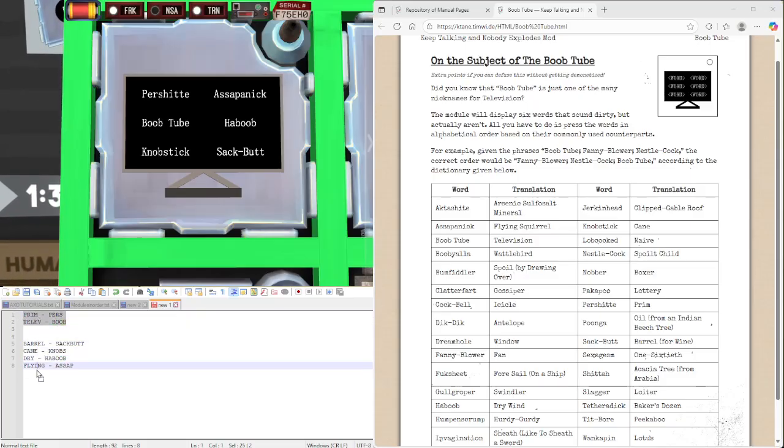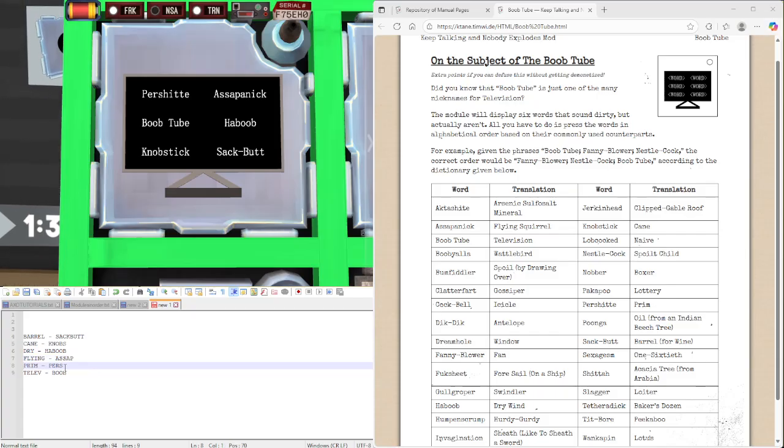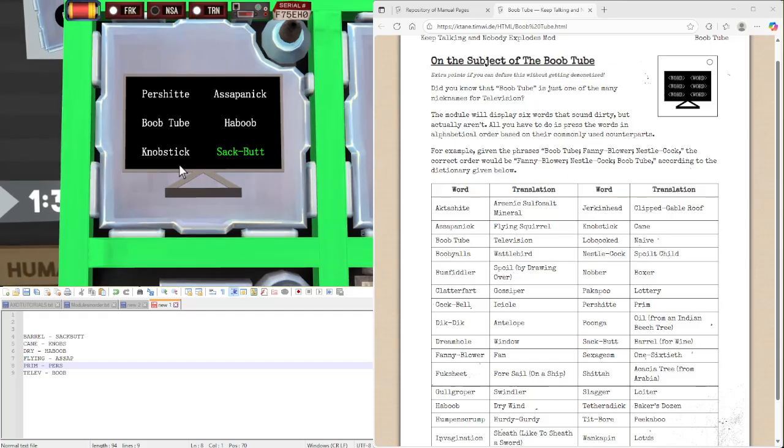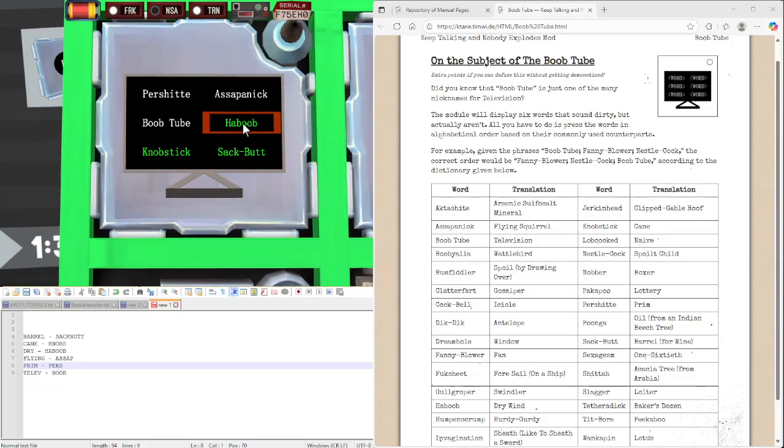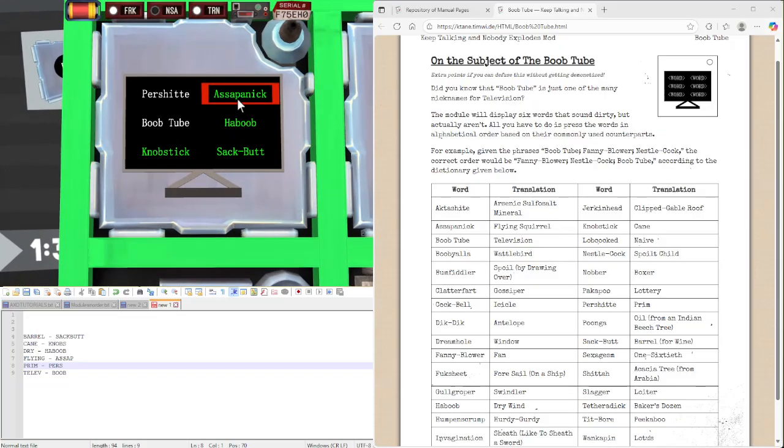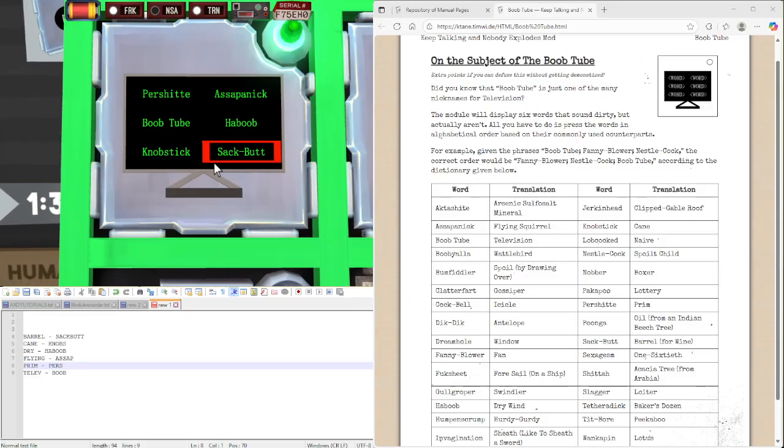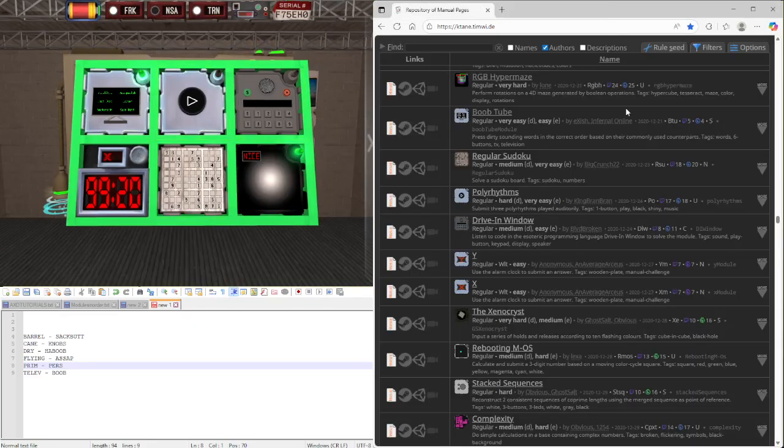Get rid of P, Q, S, T, yeah. E, Q, R, S, T, yeah. That part, chopstick, boob, panic, yeah. Regular Sudoku.